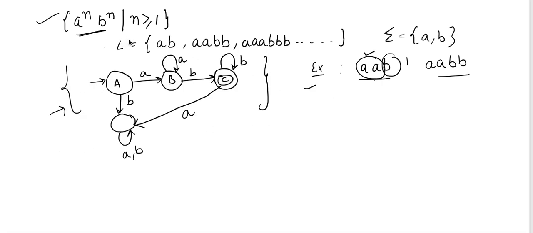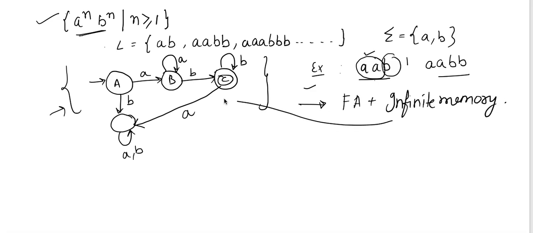So what to do? What we want is finite automata plus infinite memory, so that it is able to count the number of a's and check whether the number of b's is equal or not.